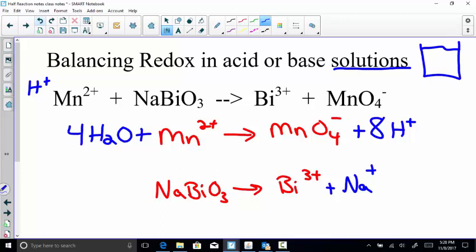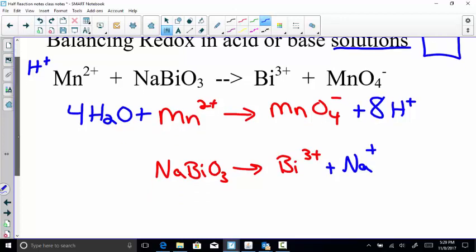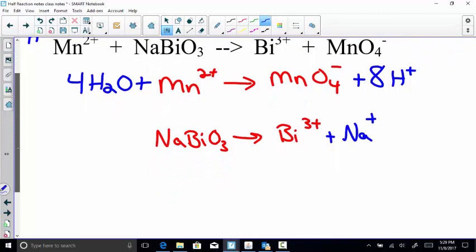Everything is balanced in terms of atoms: I have 8 hydrogens, 1 Mn and 1 Mn, and 4 oxygens and 4 oxygens. Then we do the same thing to the bottom equation. And again, the difference between this side and this side is the oxygens.